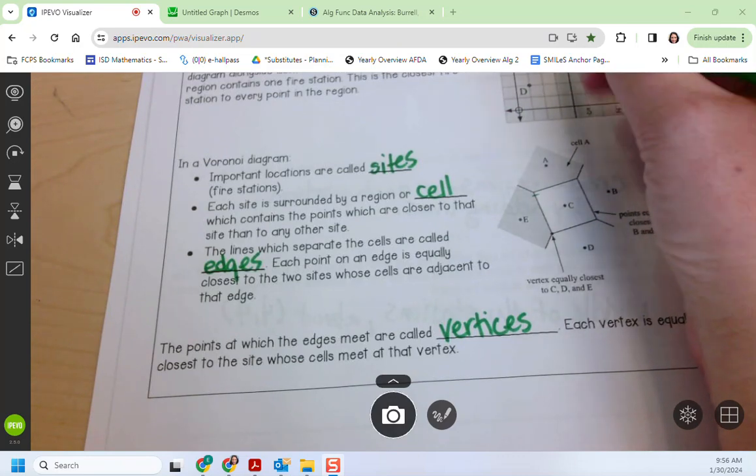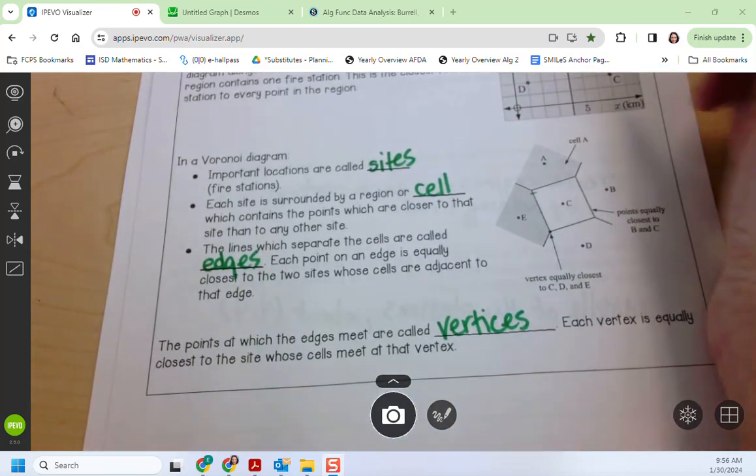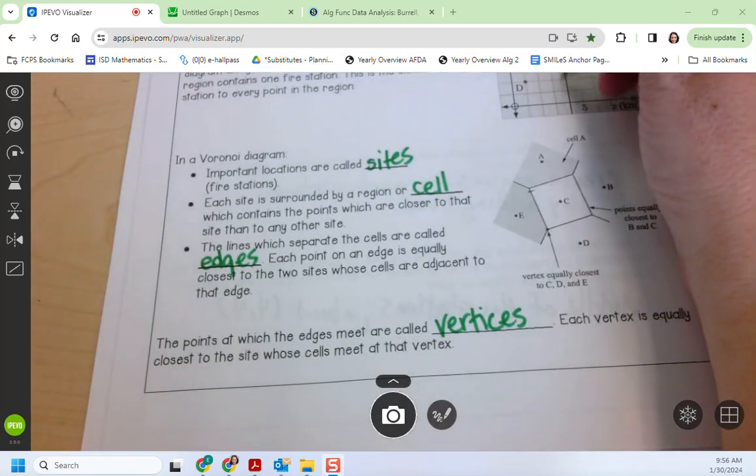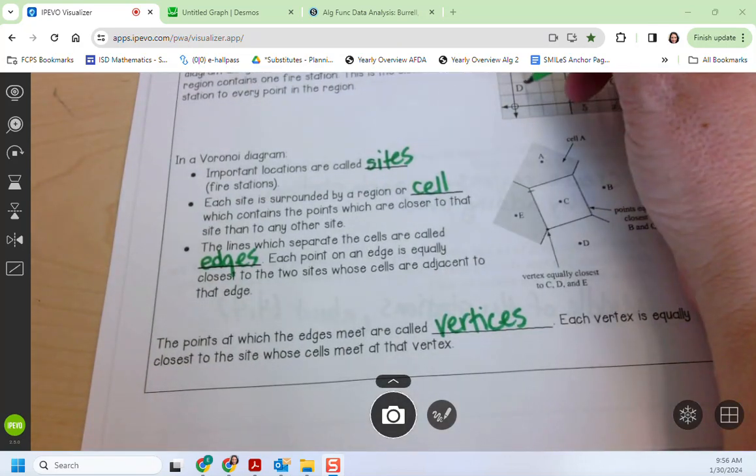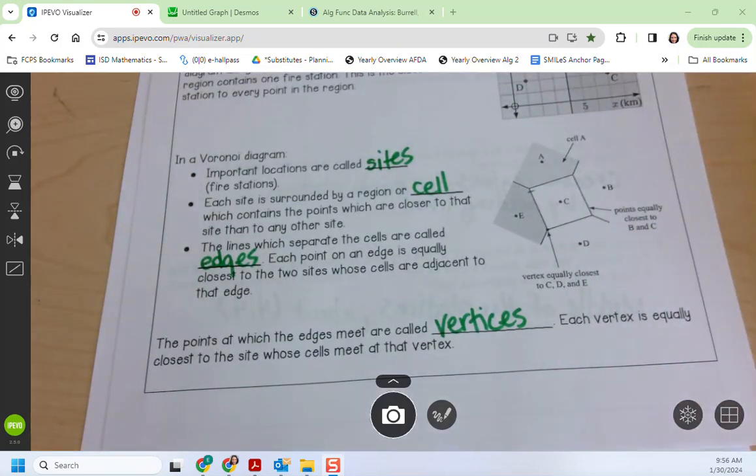If they were to all meet at this one vertex here, then that point would be equally distant from all the sites. Anywhere that's on this edge between C and D is equally distant from C and D. So if you happen to live there, then you could reach either of those fire stations.